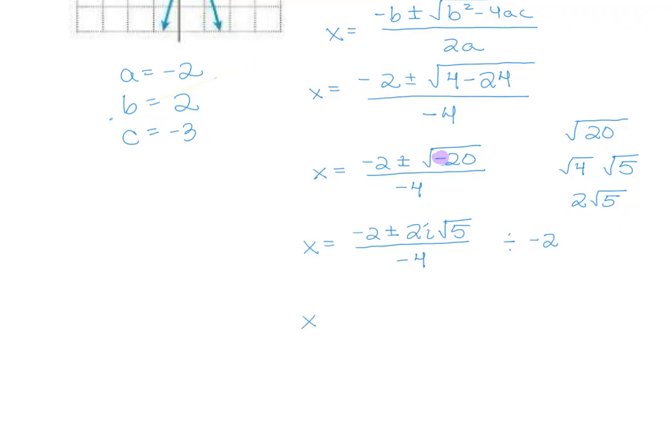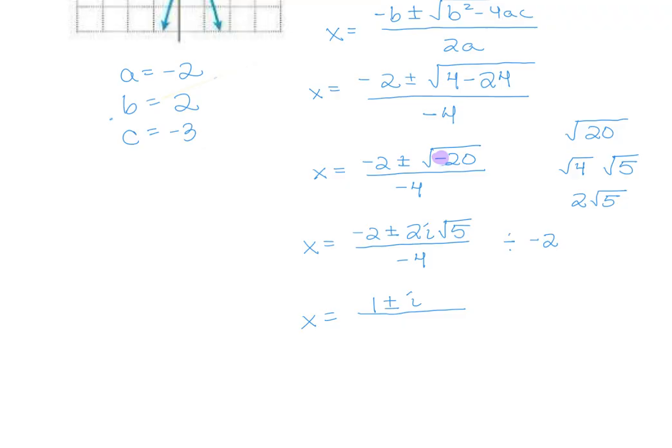If we do that, we get negative 2 divided by negative 2 is 1. My plus and minus is basically going to flip-flop. So if it's positive, it's going to turn negative, and if it's negative, it's going to turn positive. So we still have a plus and minus. If we divide 2 by 2, we get 1.